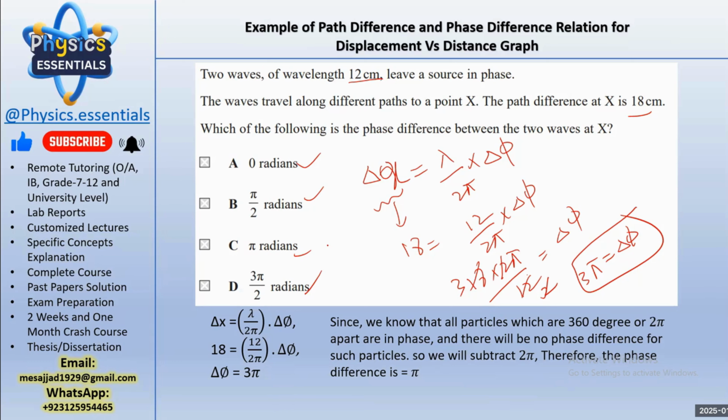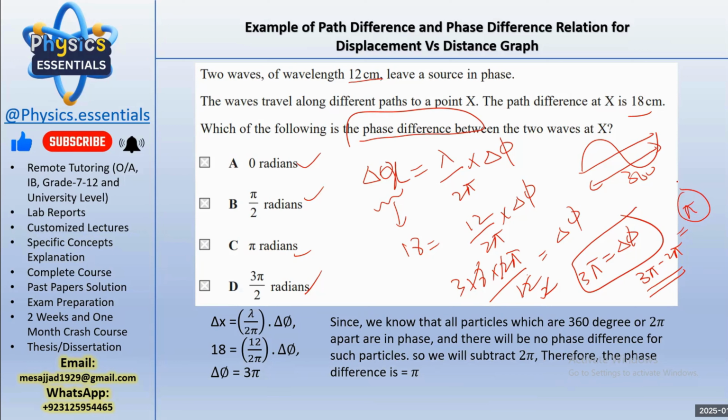Very good. But you need to remember that the condition for the points to be in phase was that 2 points must be 360 degrees apart. Okay, it means in 3 pi, those points which are 2 pi apart are in phase, right? But you want to know the phase difference, not in phase. Therefore, you need to subtract 2 pi from here and you will get the answer as pi.